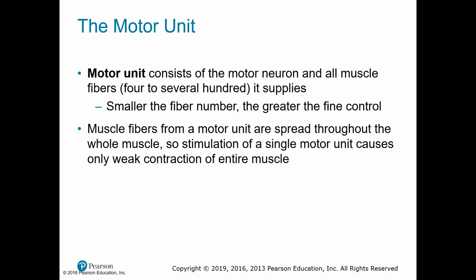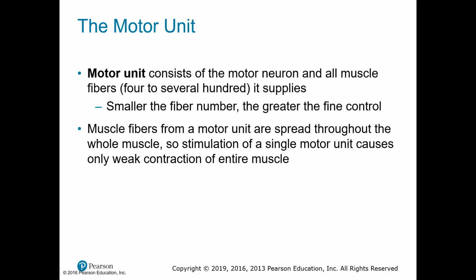Now, if one motor unit with 300 muscle cells contracts, you're probably not going to notice it, because there are thousands and thousands of cells in the muscle. But they've all contracted, from all over the muscle.